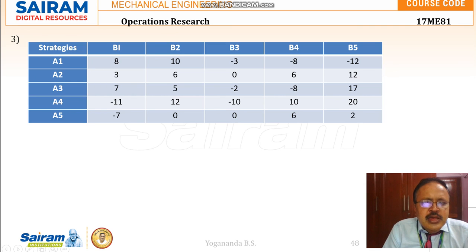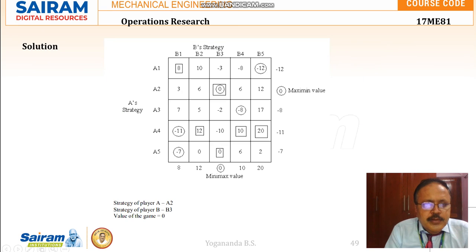Minus becomes plus and plus becomes minus. Row wise, take the minimal value first. In the first row, the minimal value is minus 12. In the second row, the minimal value is 0. In the third row, the minimal value is minus 8. So that is circled. In the fourth row, it is minus 11.